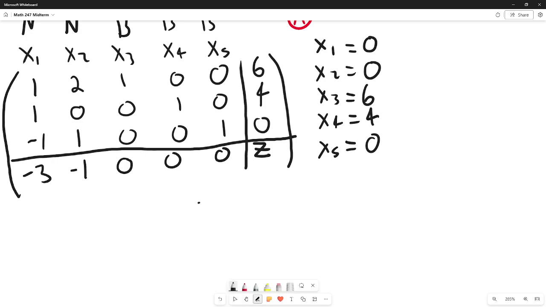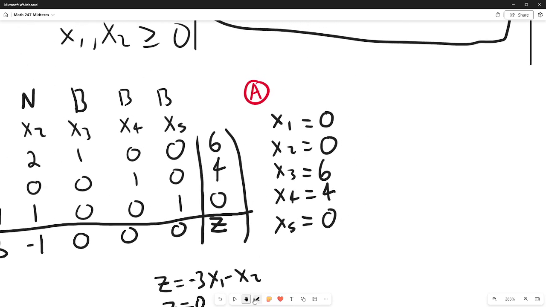This is saying that z is equal to -3x1 minus x2. Remember that x1 and x2 are equal to 0, so that means z is equal to 0. So from this, we know that the point A equates to the value 0.